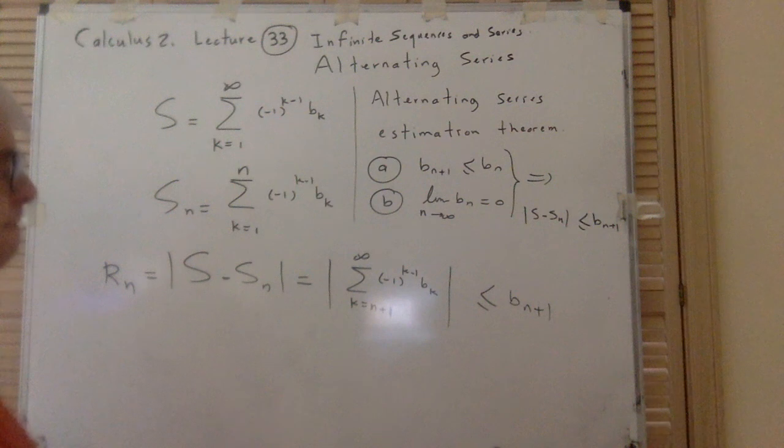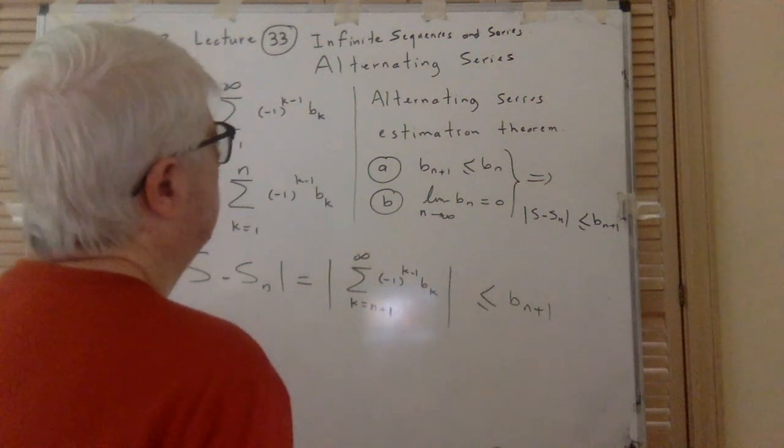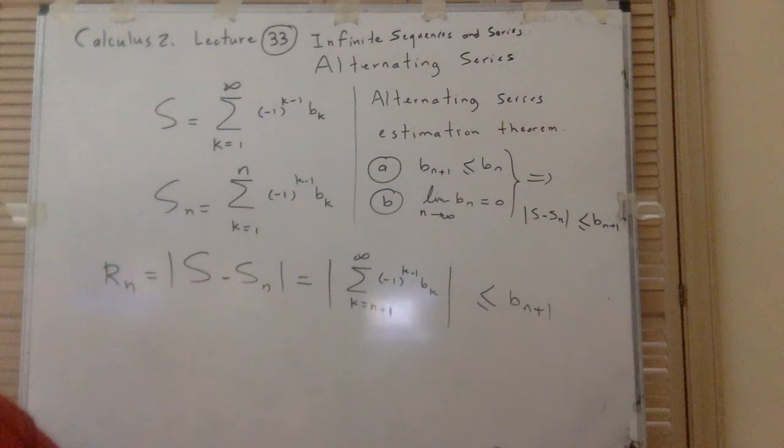Okay? So that is in fact the alternating series estimation theorem, and it's not hard to prove that.